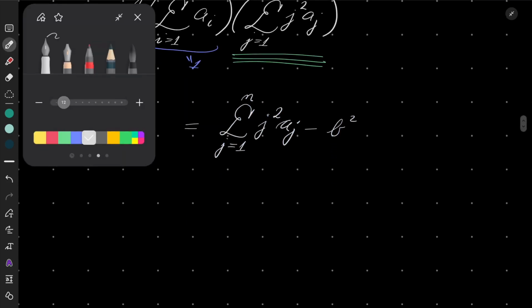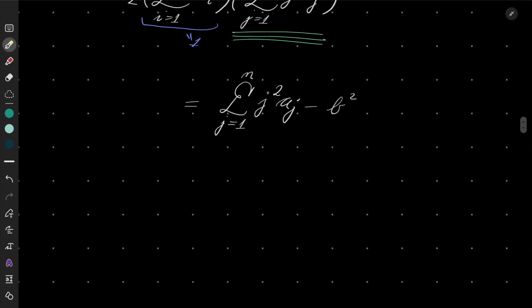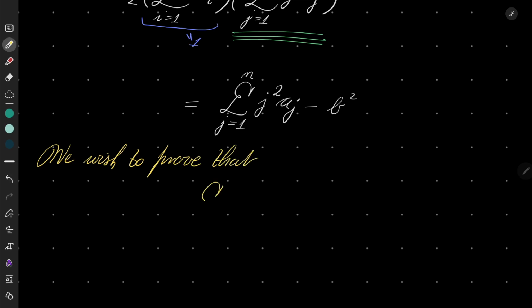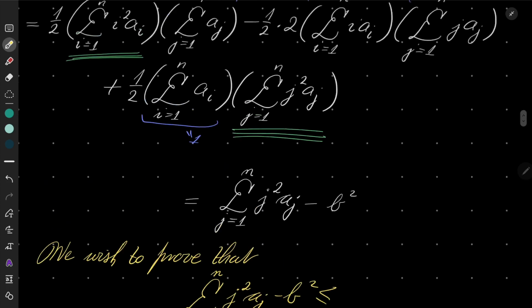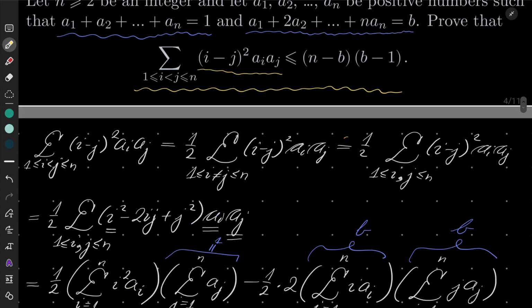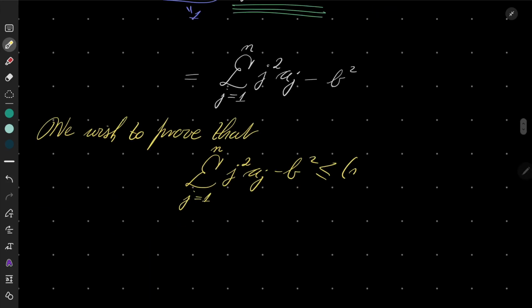And now let's recall what we wish to prove. We wish to prove that this very sum is less than or equal to, let's see, we recall, (n minus b) times (b minus 1).